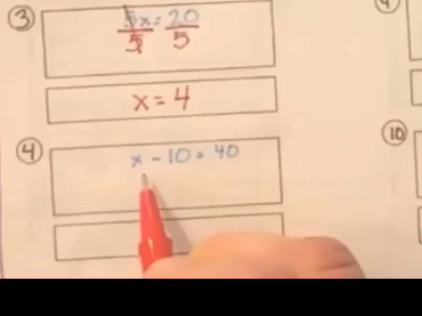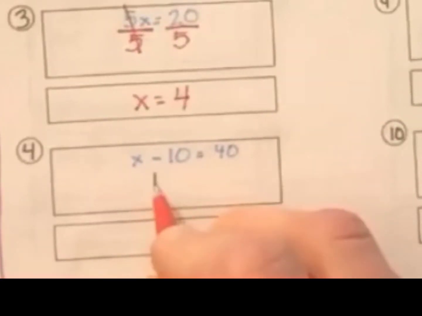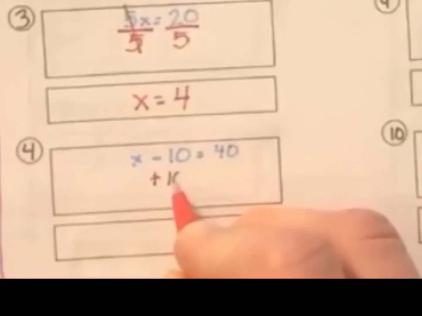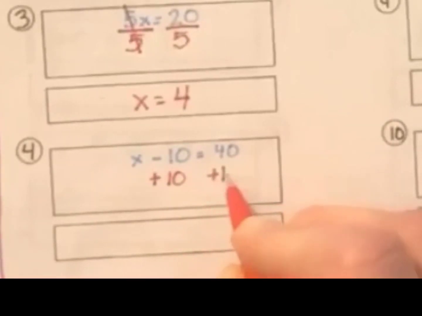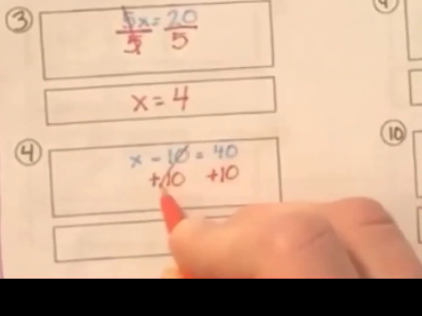Number 4, x minus 10 equals 40. The opposite of minus 10 is plus 10. The minus 10 cancels out, and I end up with x equals 50.